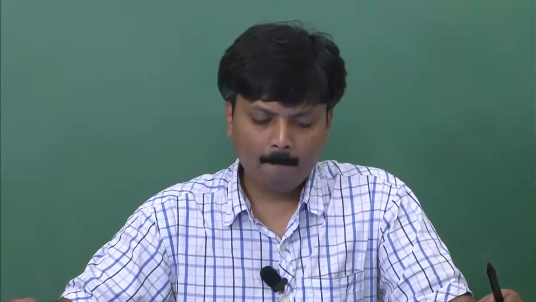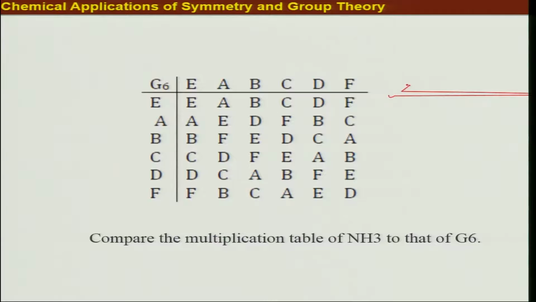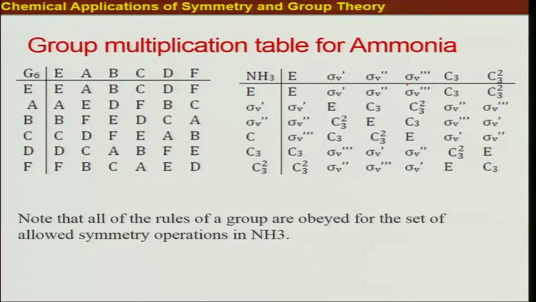Now can we compare the multiplication table which is on your screen right now with the multiplication table of C3v, that is for ammonia? Let's have a look at that. G6 is again there on the screen, and you have also the group multiplication table for the symmetry operations of ammonia. So what do you see?